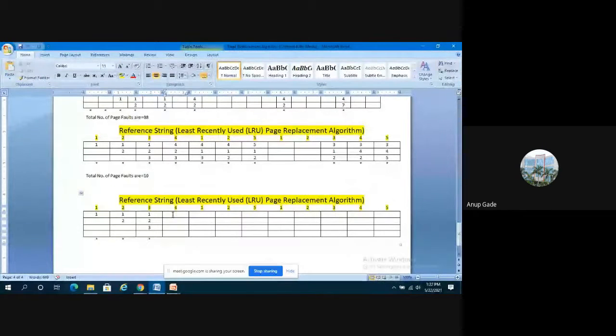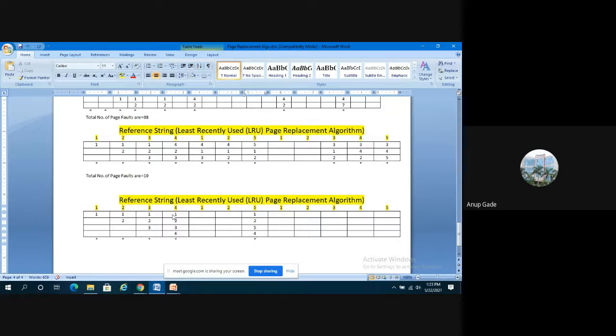Now, if number of frames are 4, for 1, 2, 3, 4, page fault will occur. 1 is already there, 2 is already there, 5: least recently used, 1 used, 2 used, 4 used, 3 was used long back, so replace 3 with 5. 1, 2, 5, 4.